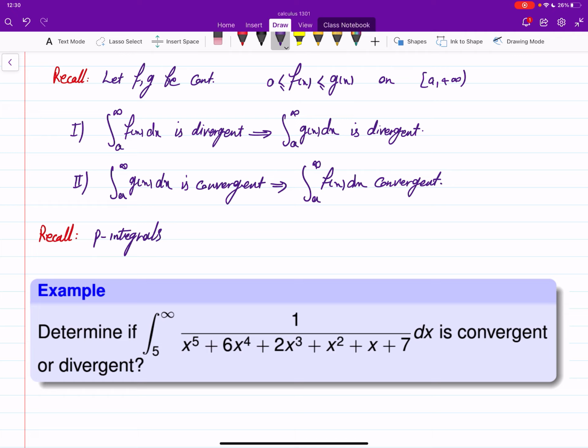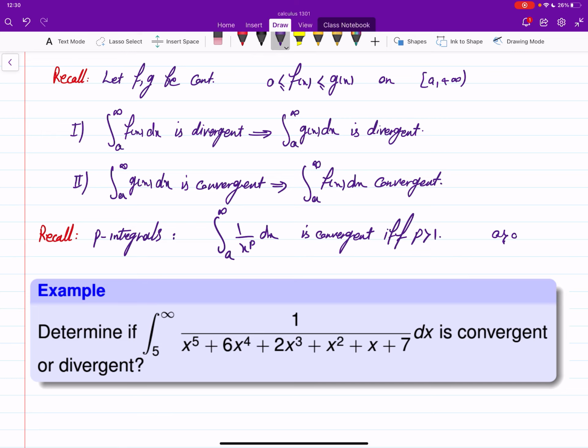The integrals of the form a to infinity, for some a positive, of 1 over x to the power p dx. These we know are convergent, only by looking at the power of x in the denominator, if and only if p is bigger than 1. So if it is 1 or less than 1, the integral is going to be divergent.